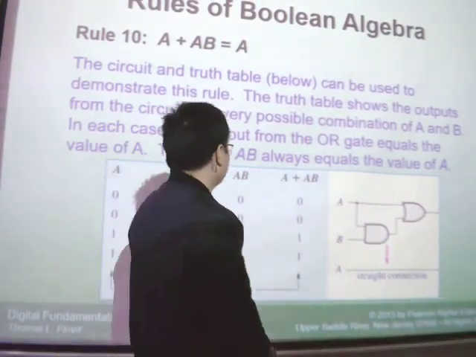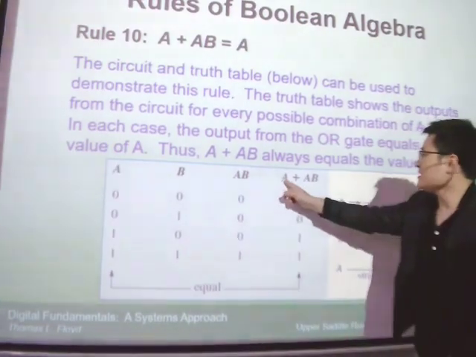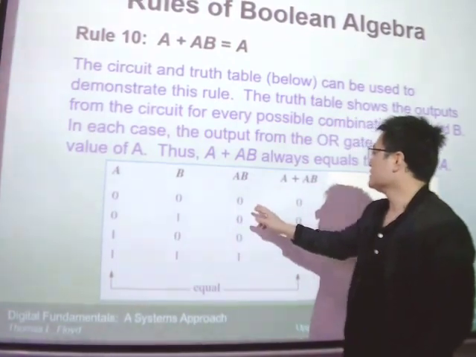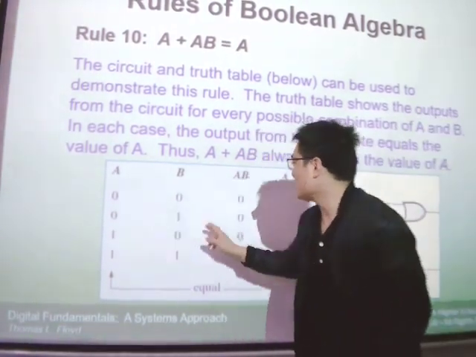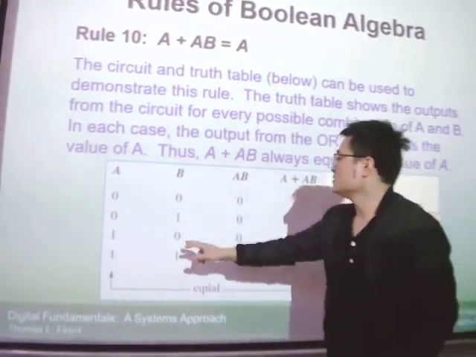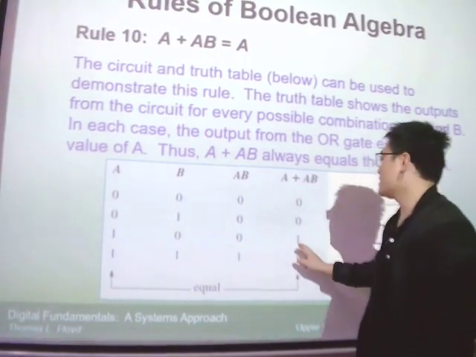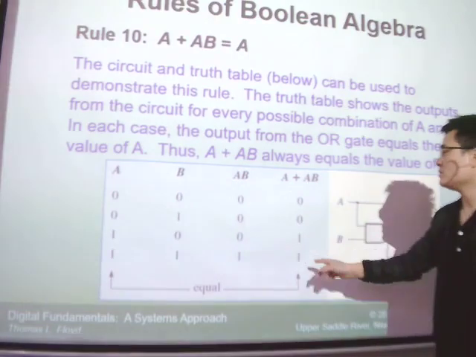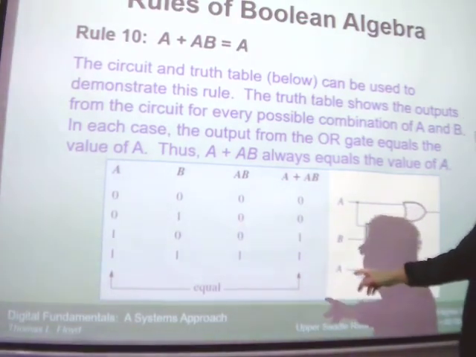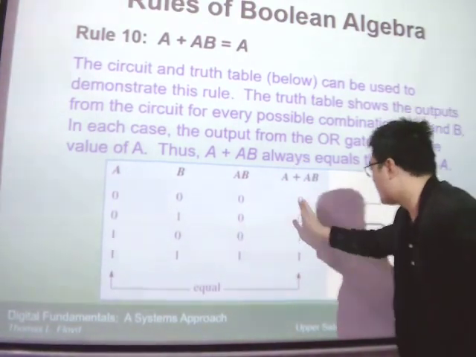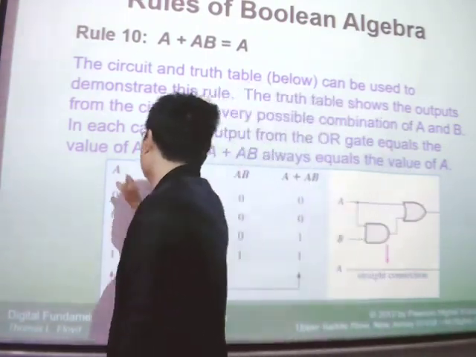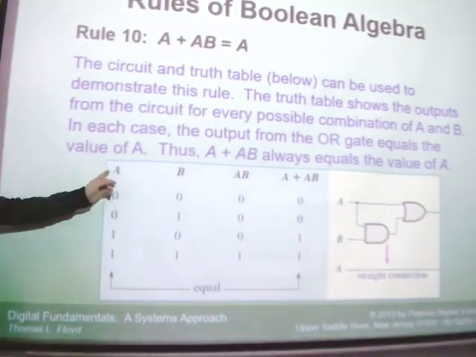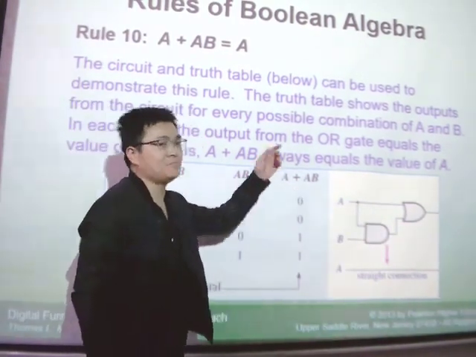Then A or AB: 0 or 0 equals 0. 0 or 0 equals 0. 1 or 0 equals 1. 1 or 1 equals 1. So we can find that the value of the fourth column equals the value of the first column. So A equals A or (A and B).